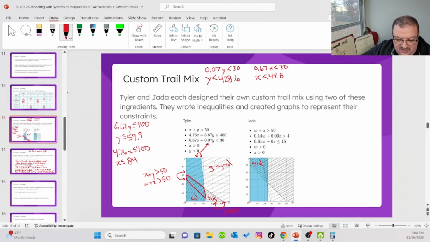If we're looking for the next one, which was protein, then W would need to be greater than 4 divided by 0.14, which is 28.6.